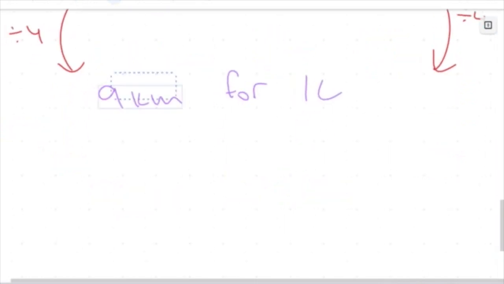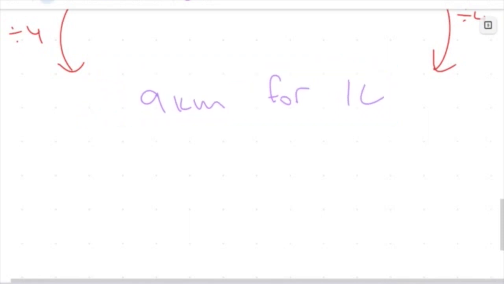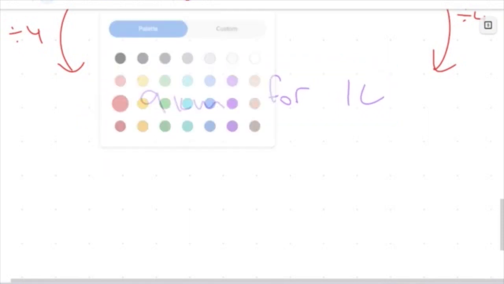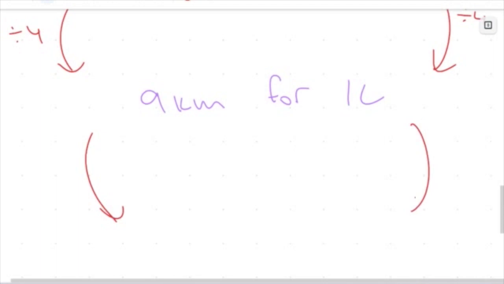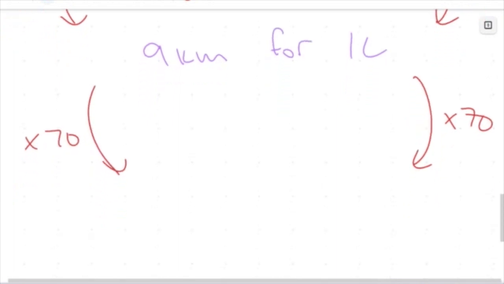Now from here, I want to get from 9 kilometers for 1 liter to 70 liters. I can do that by multiplying by 70 here, and then multiplying by 70 here. And that's going to tell us how far I'm driving for 70 liters of petrol.